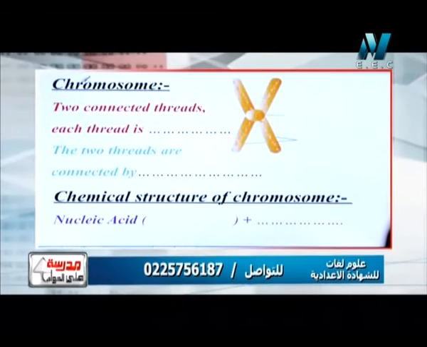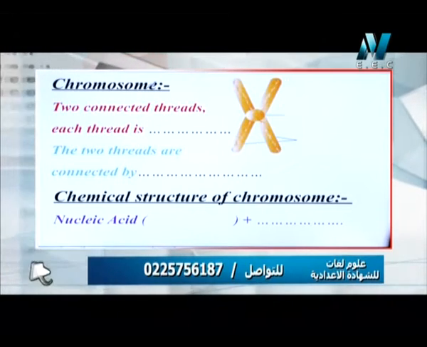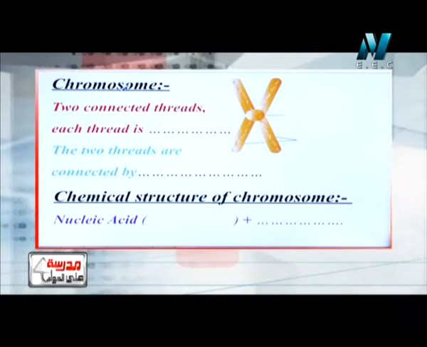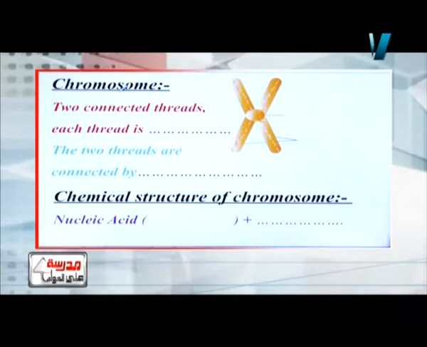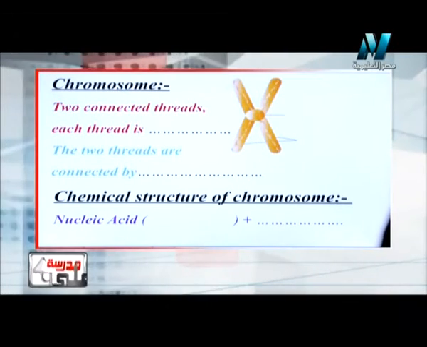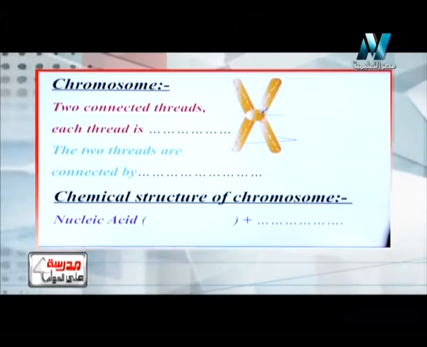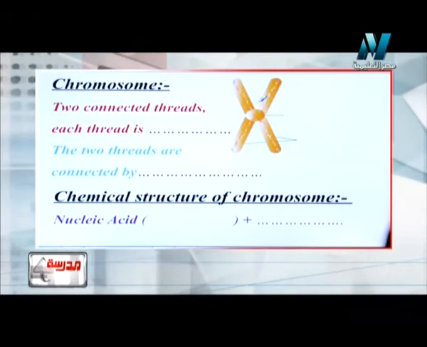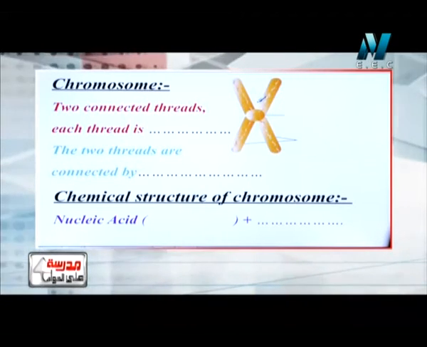Number 1, we have something called chromosomes. What is meant by chromosomes? This chromosome, as we see, carries all the genes, all our hereditary traits.